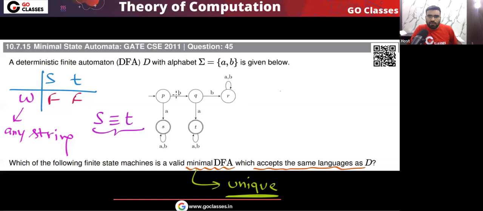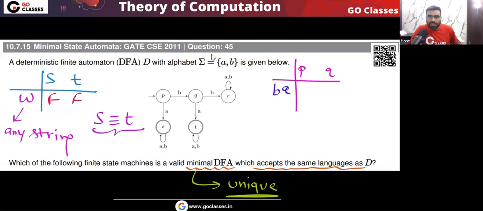Now what about these states P, Q, R? What about P comma Q? Are they equivalent or not? They are not equivalent. They are distinguishable by whom? You can see they are distinguishable by B, or I can say by BA.